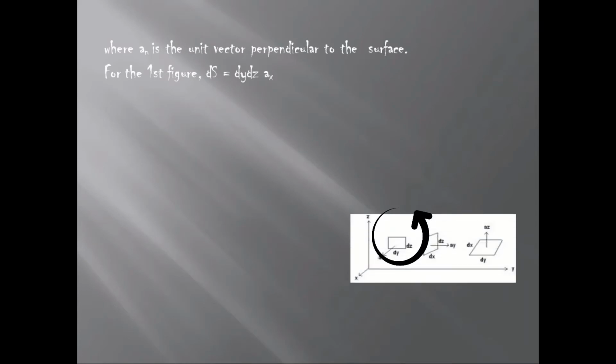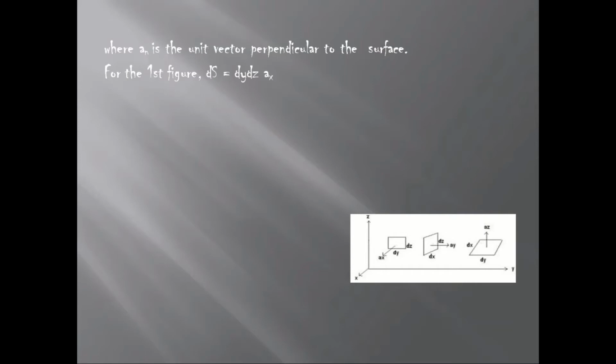From the first figure, dS equals dy dz ax, as dy dz is the area of the surface, and ax is the perpendicular unit vector that is passing through that surface.